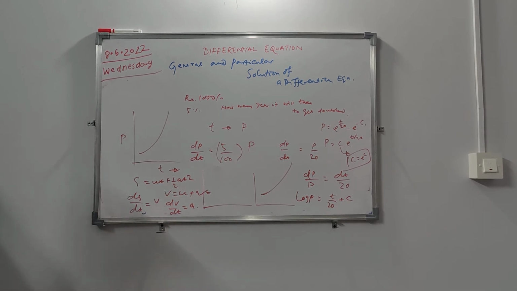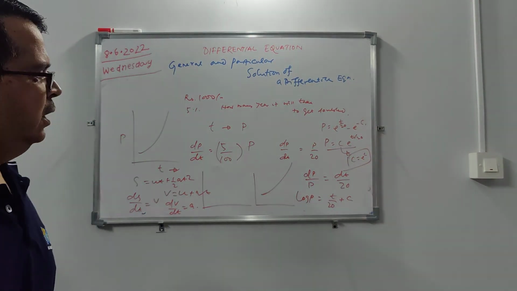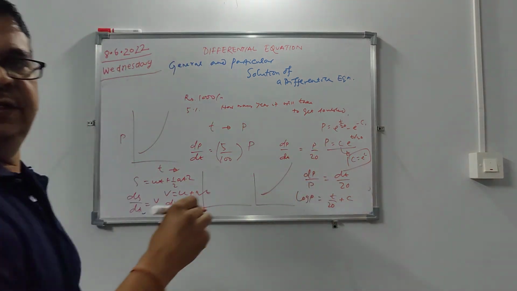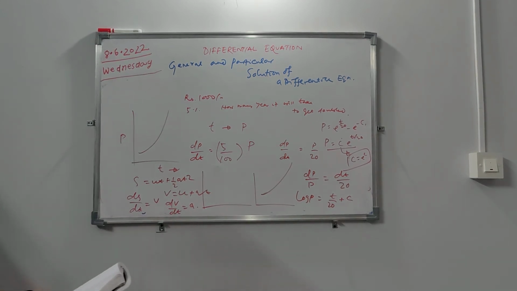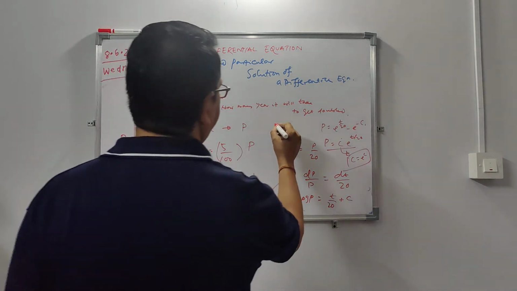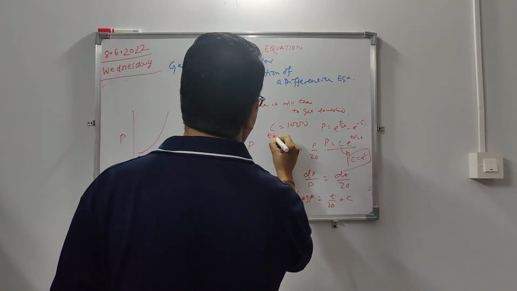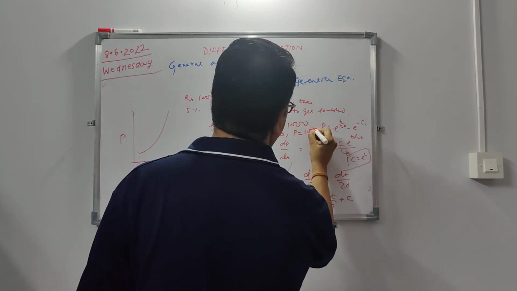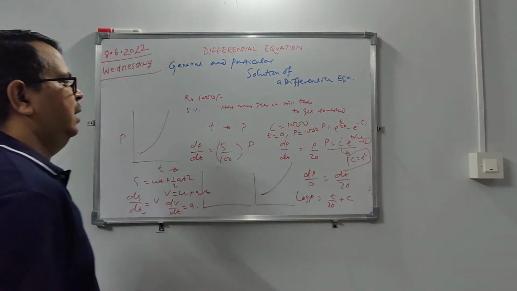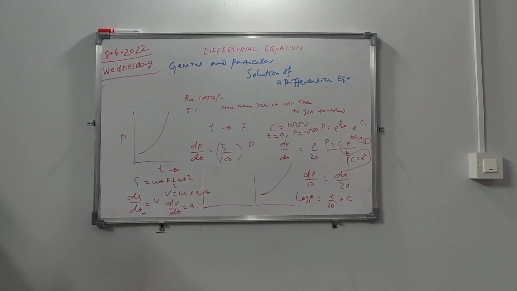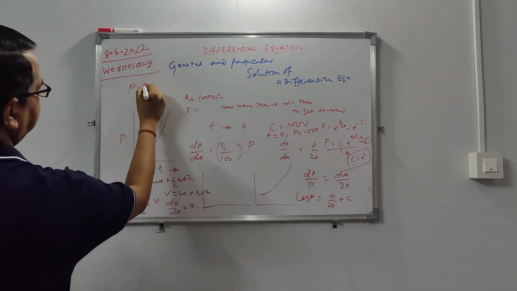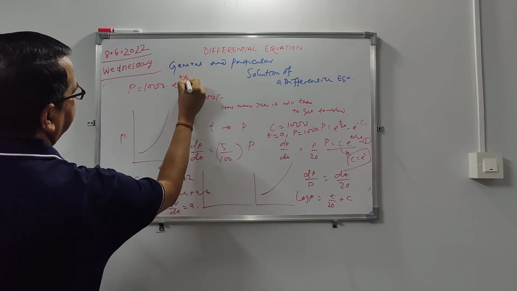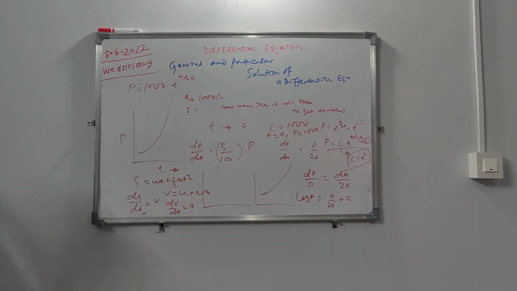Substituting the values of p and t in the general equation, you will get the value of capital C. Once you get the value of capital C, which will be 1000, you get the equation p is equal to 1000 e to the power t by 20. Now at any point of time you can find your principal.